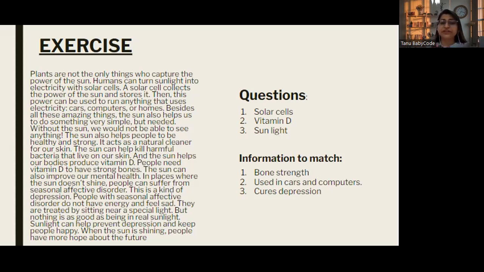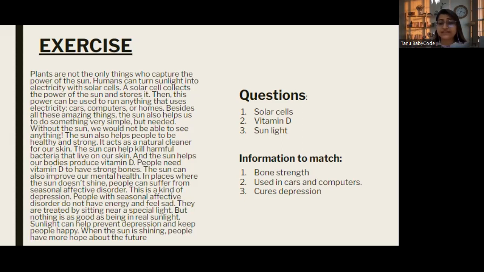So look at the first question, solar cells. While reading the paragraph, I came across that humans can turn sunlight into electricity with solar cells. A solar cell collects the power of the sun and stores it. Then this power can be used to run anything that uses electricity: cars, computers, or homes, right?